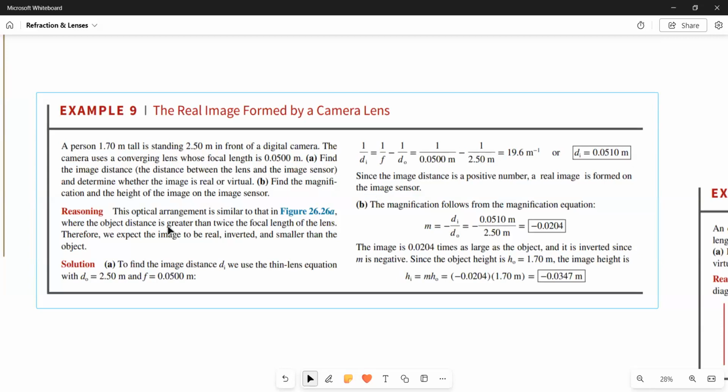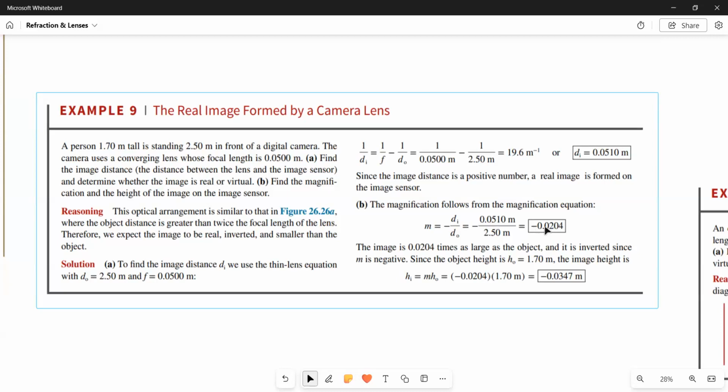So that makes sense. The magnification formula, now we got the image distance, we got the object distance. And notice the magnification, you have negative 0.0204. Now remember we said the negative is really telling you whether the image is inverted or not. And the negative tells you yes, it's inverted, right?